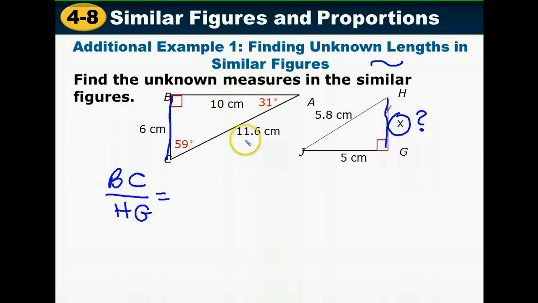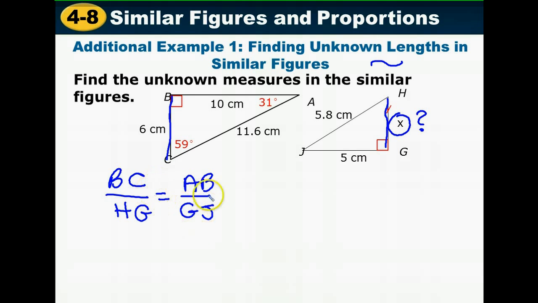So I have a choice of using either AB or AC. Again, it's your choice. I'm going to choose AB because there are no decimals and that will make life a little easier. So AB will correspond to JG on the smaller one.